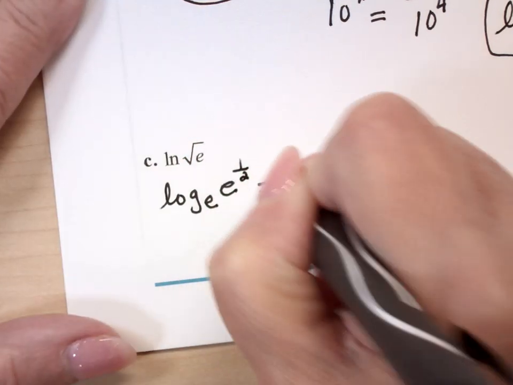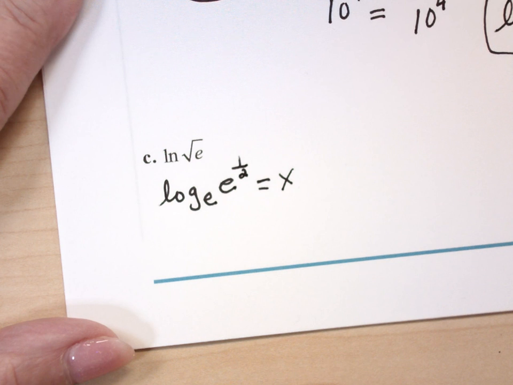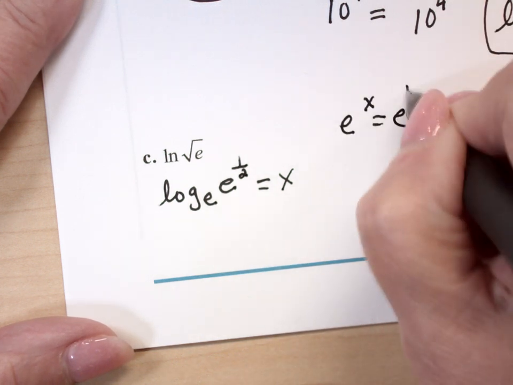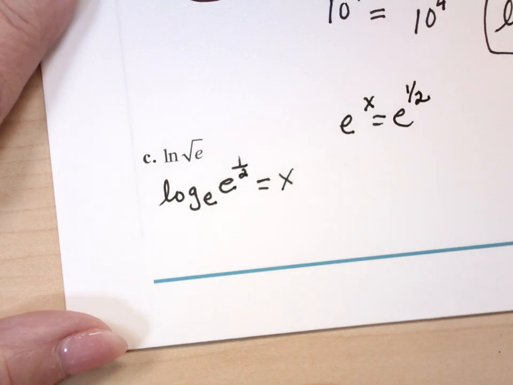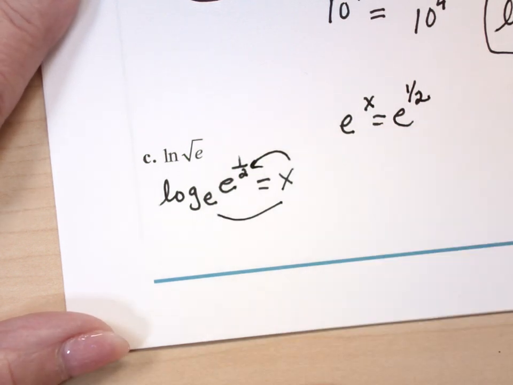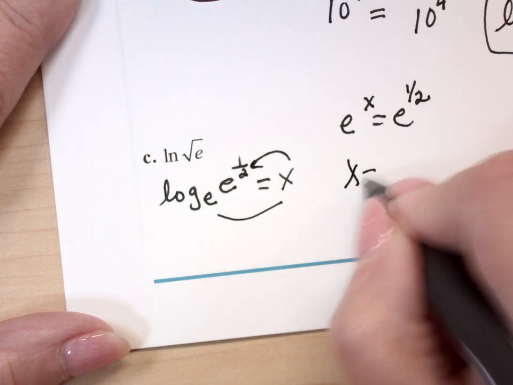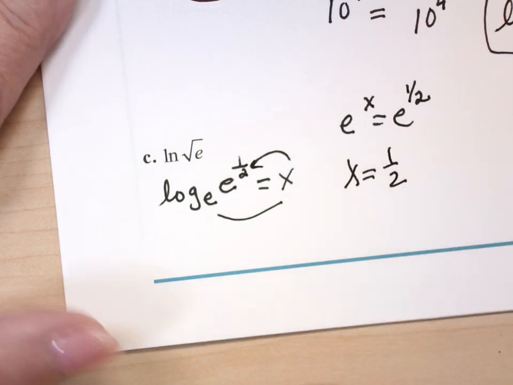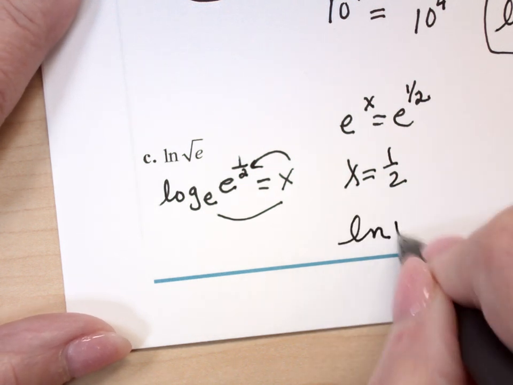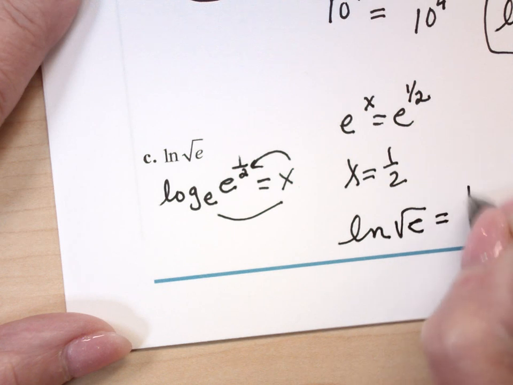That's equal to x. E to the x equals e to the 1/2. So e to the x equals the argument, which is e to the 1/2. X equals 1/2. So this tells you that the natural log of the square root of e is 1/2.